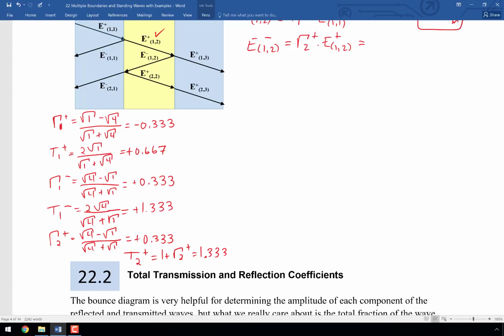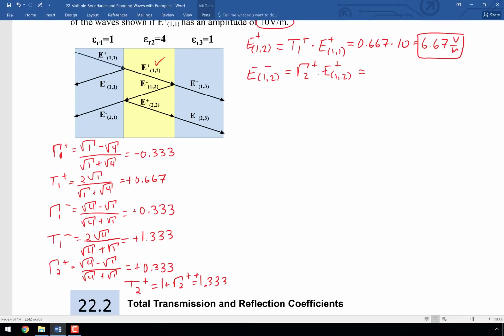And in my notes, I actually did that calculation fully, and I did get that result, so I can confirm that that's correct. So gamma sub 2 plus is 0.333 times the number that we just calculated, 6.67, and that works out to be 2.22 volts per meter. And you can see that that has completed that calculation.